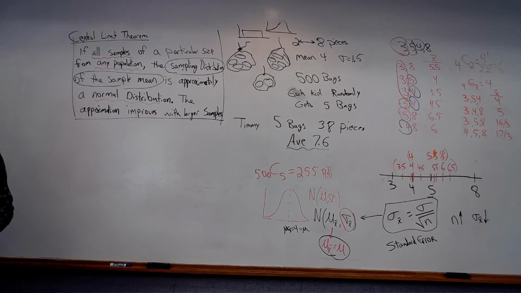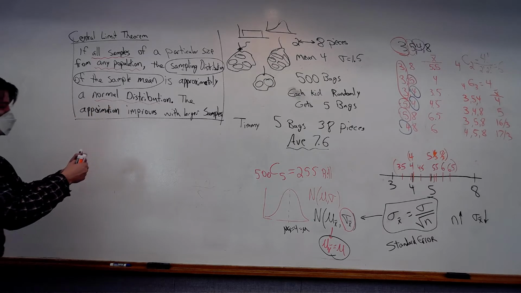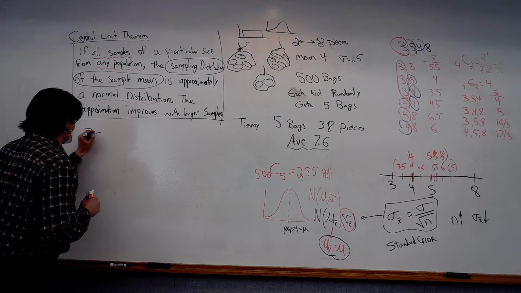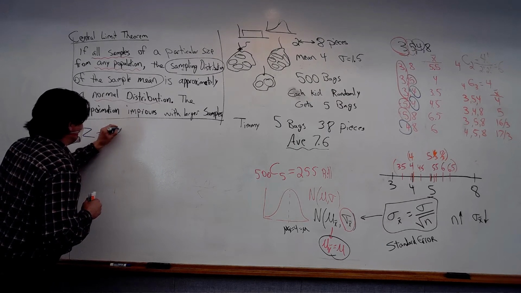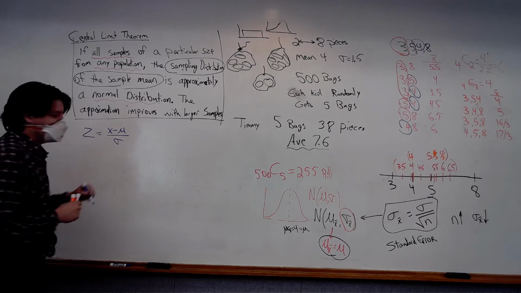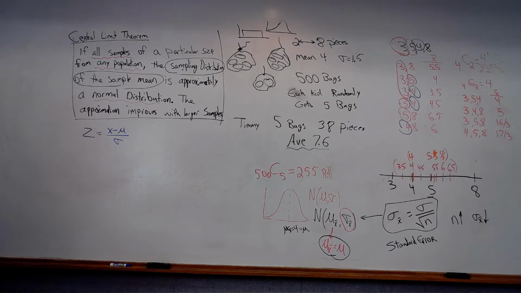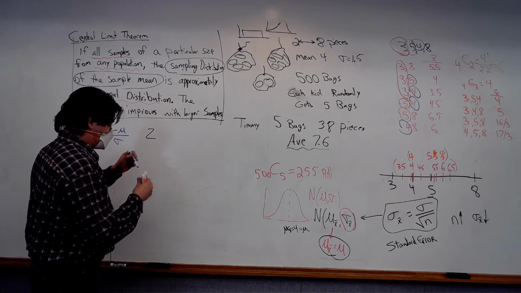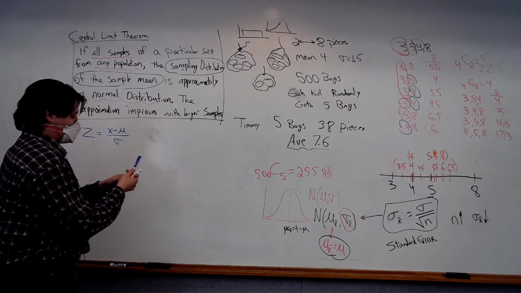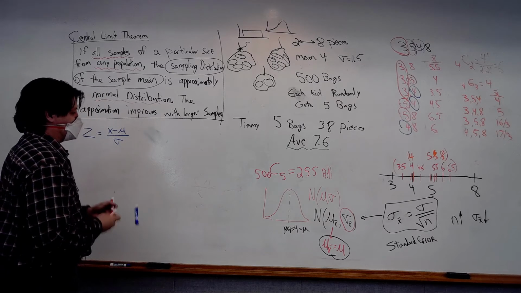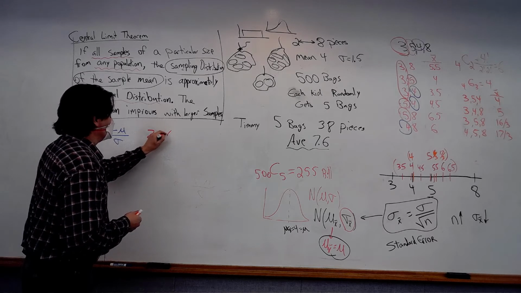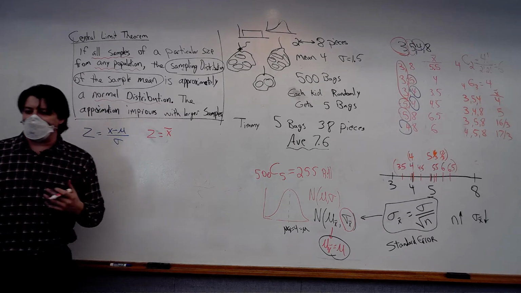Okay, so our z-score for this case. So far we've used z as x minus mu over sigma. We're going to do the same thing, but notice our notation has changed a little bit. In this case, what we're actually after is the sample mean that we took.